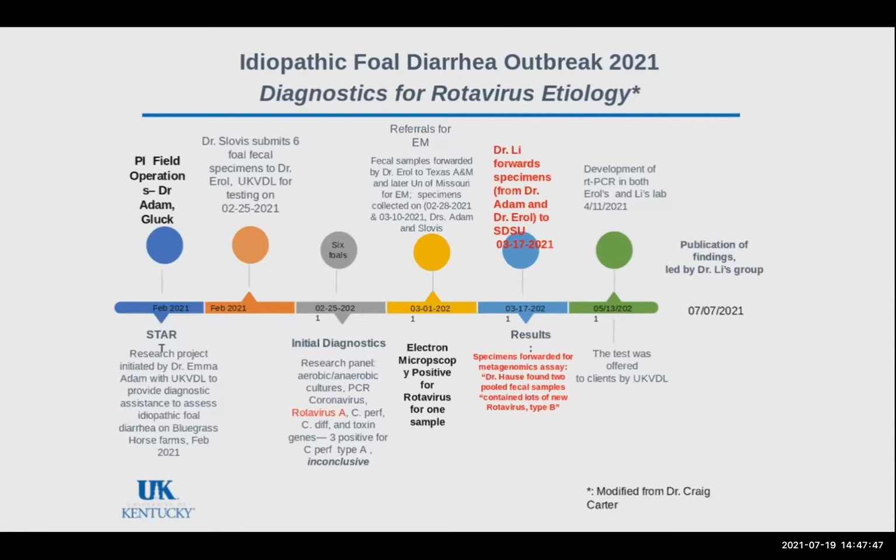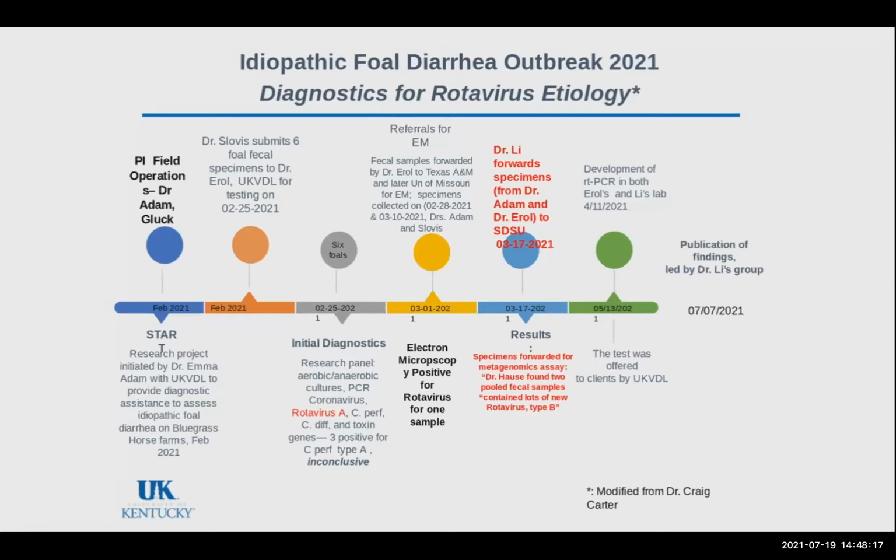Then Dr. Lee forwarded those specimens, collected particularly from Dr. Erdal and others, to South Dakota State University. We got a response from Dr. House at South Dakota saying that 2 pooled fecal samples contained lots of new rotavirus type B. Eventually we developed a real-time PCR assay that can detect this particular virus, in both our lab and Dr. Lee's lab.